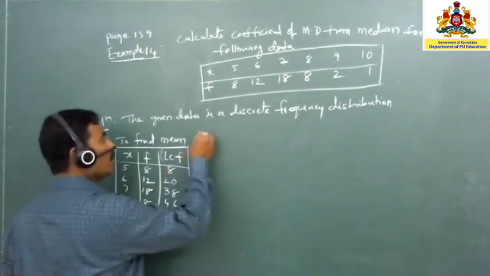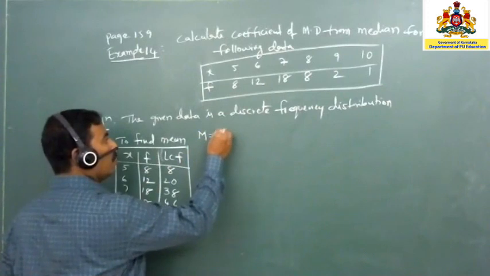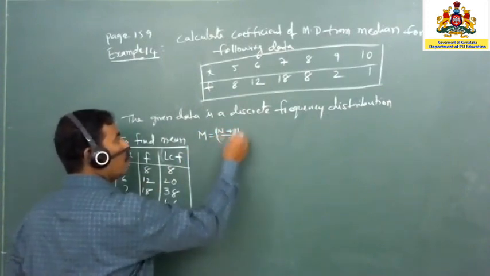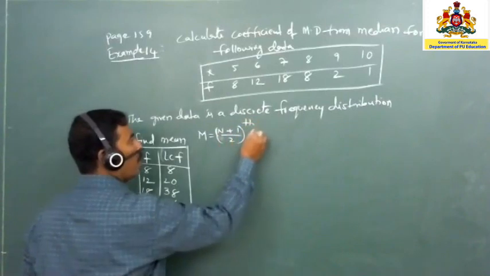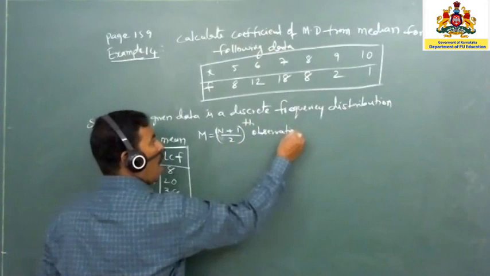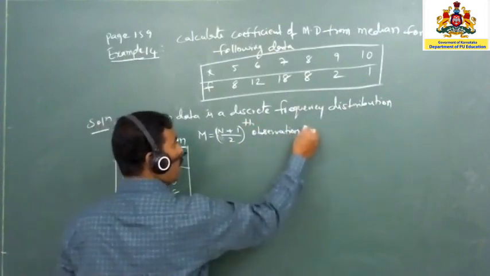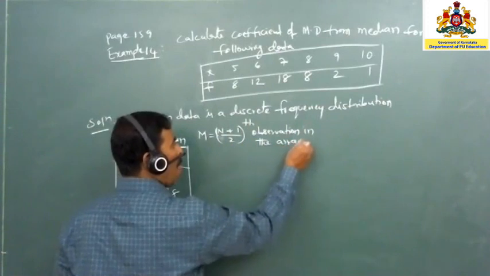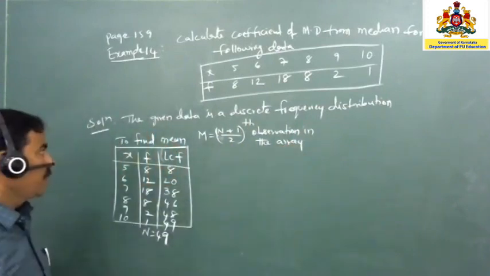So median for discrete data is (N plus 1) by 2 th observation in the array.